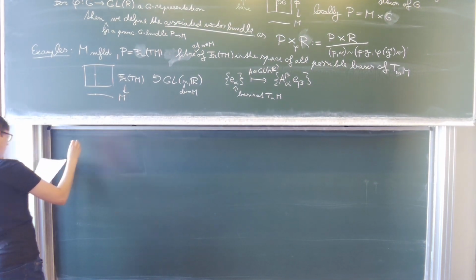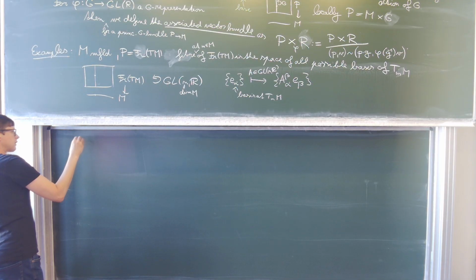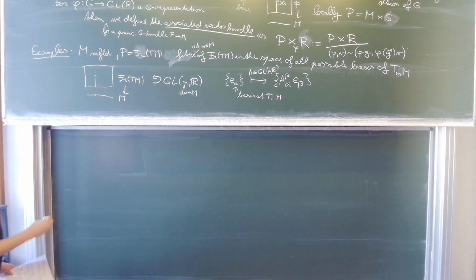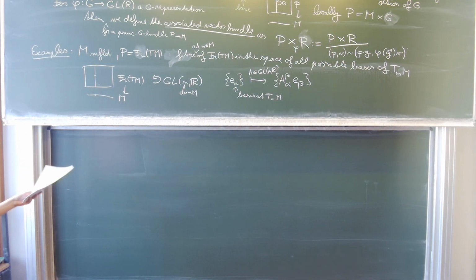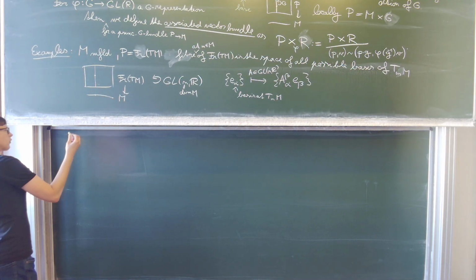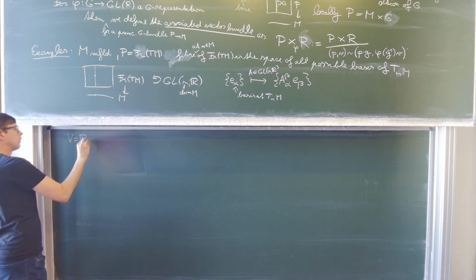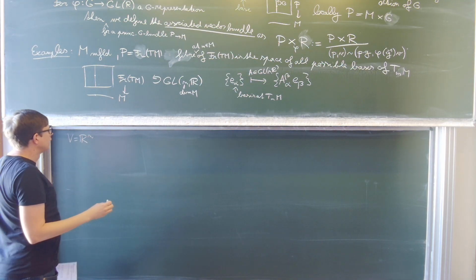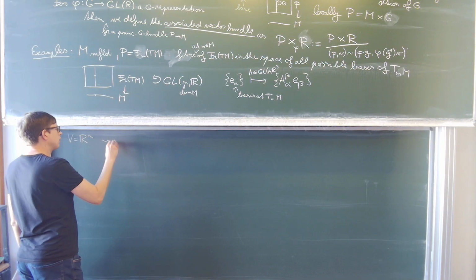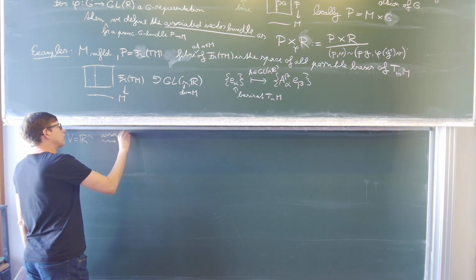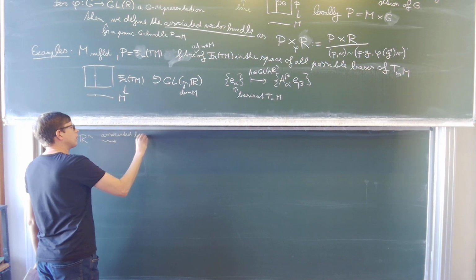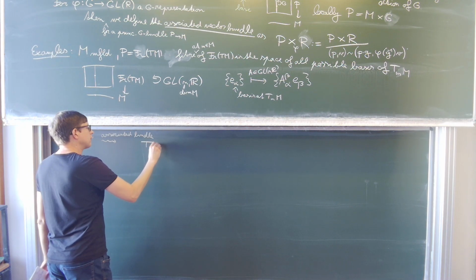Now if we start considering different interesting representations of the group GL_n(R), we recover different interesting vector bundles, and most of them are those that you are probably familiar with. If you take V to be R^n, then the associated bundle is the tangent bundle.